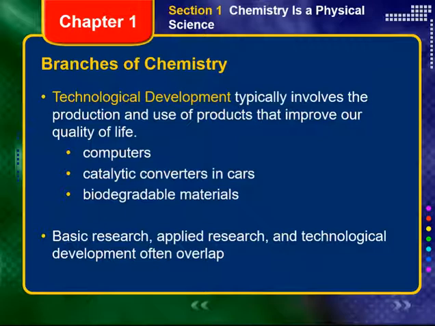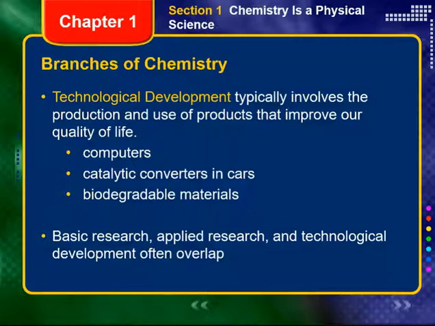Technological development typically involves the production and use of products that improve our quality of life. Examples include computers, catalytic converters for cars, and biodegradable materials. Technological applications often lag far behind the basic discoveries that are eventually used in technologies.